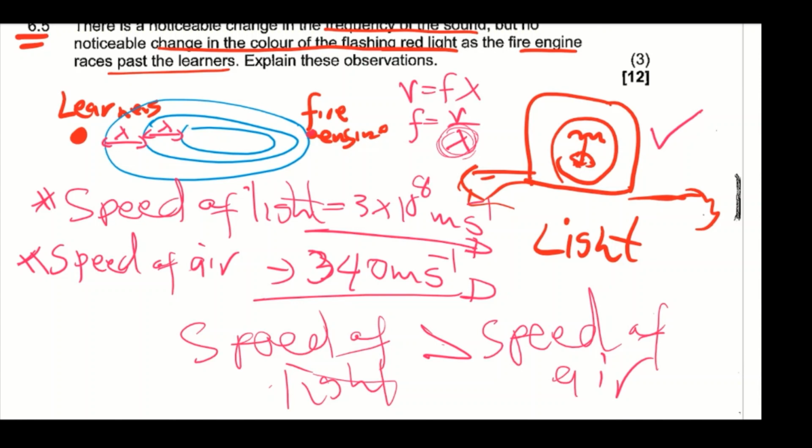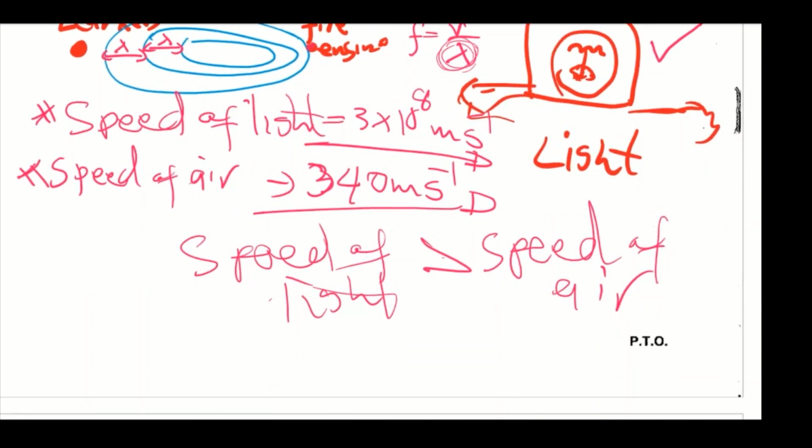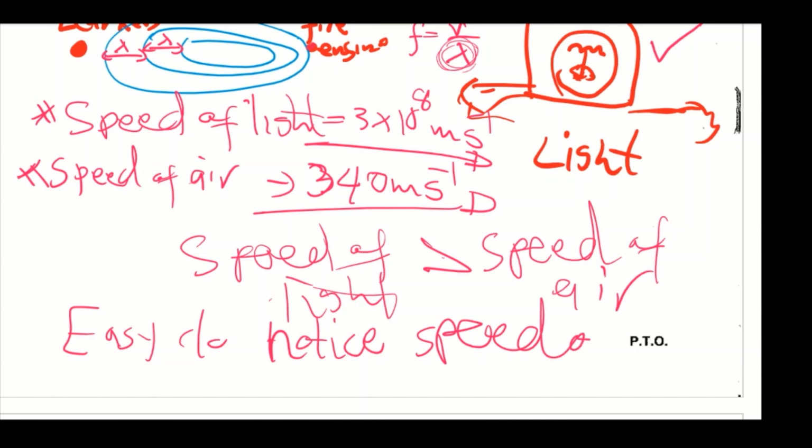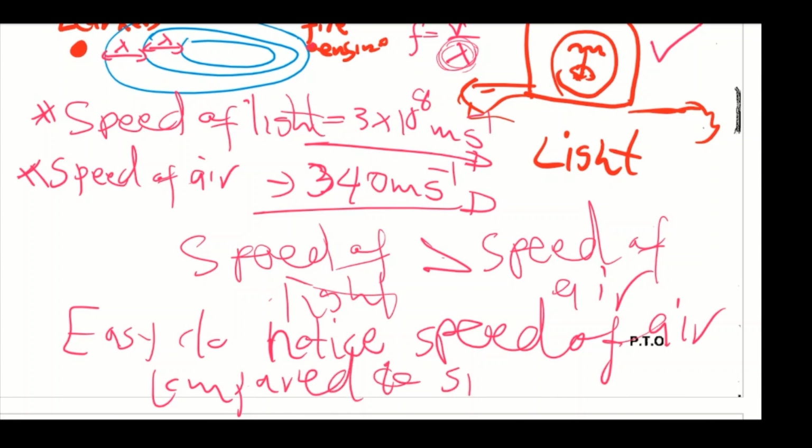The fact that it's greater means it's easy to notice the speed of air compared to the speed of light. So that is the reason for this question.